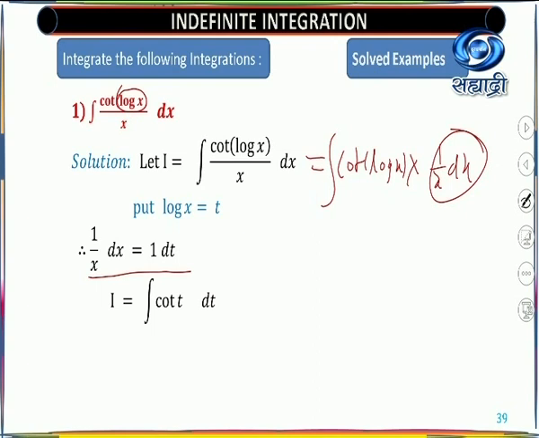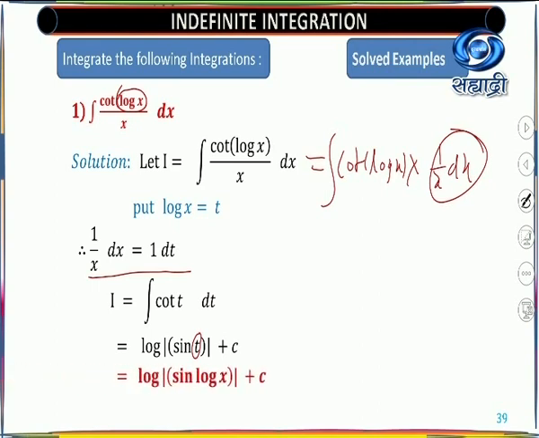Now you know the integration of cot t dt. Just now we have seen the formula, that is nothing but log of mod of sin t plus constant of integration. Now your given variable is x, but your value is in terms of t. Instead of t, you want your value in terms of x. So we'll substitute that.